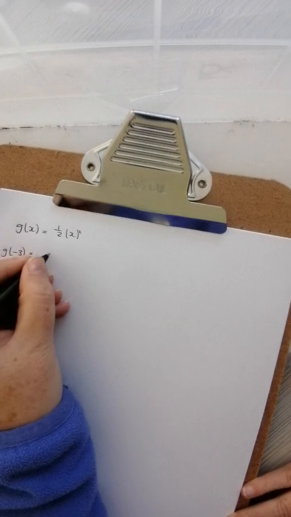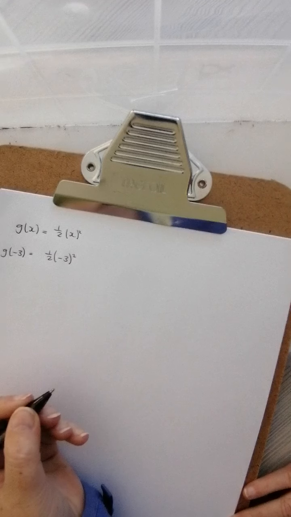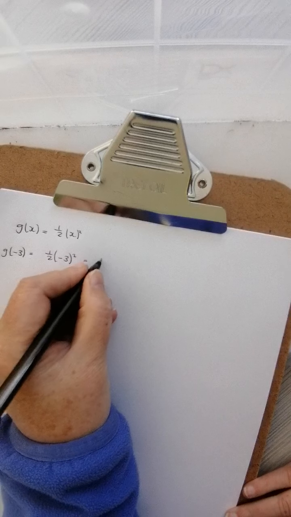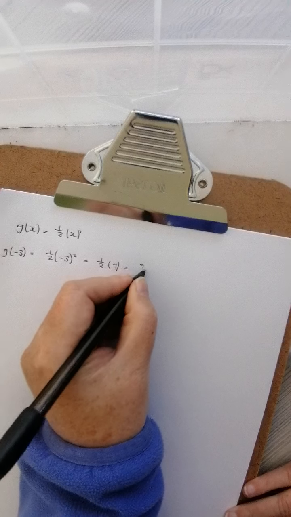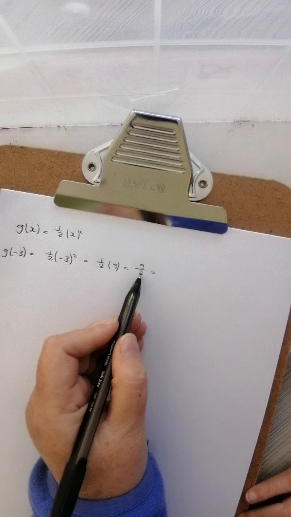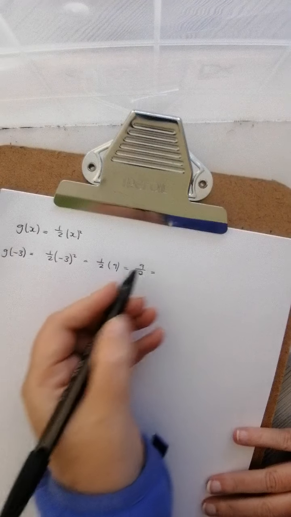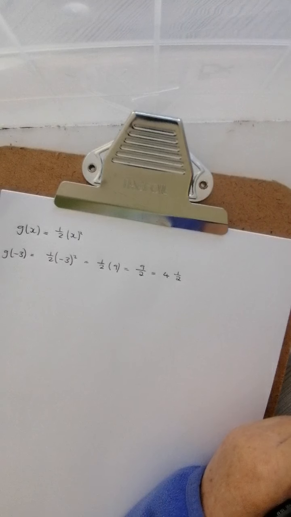So, g of minus 3 is a half times minus 3 squared, which is the same as saying a half times 9, which is 9 over 2. 2, 4, 6, 8, so that is 4 and a half. Do you agree?